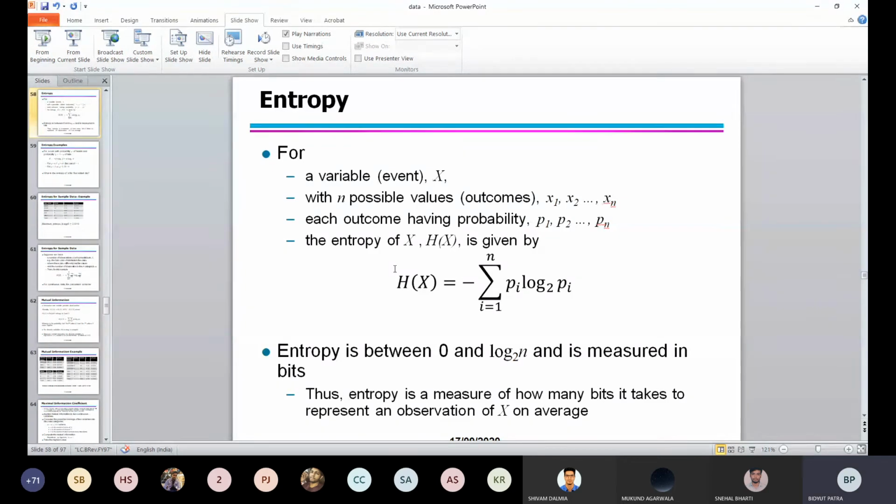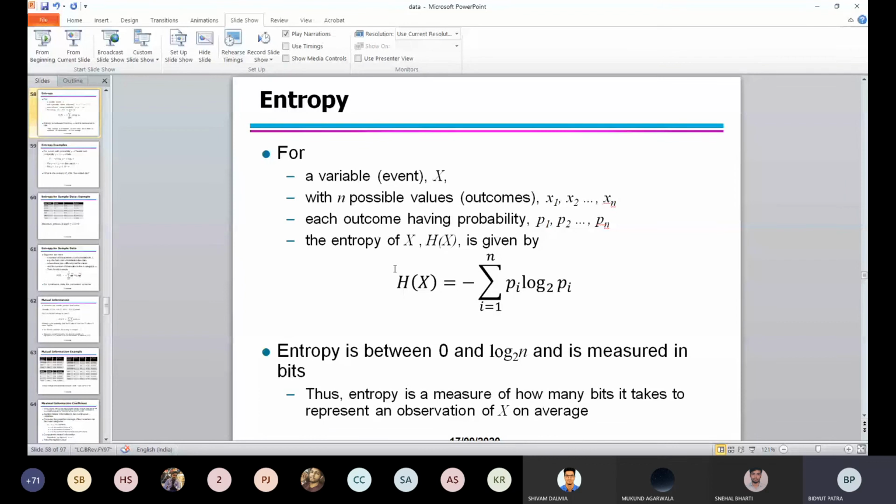So here we go. Let's say we have a variable with n possible values. Let's say we have an attribute, color of ball. It may have red, yellow, blue, black, and different mixtures of color.